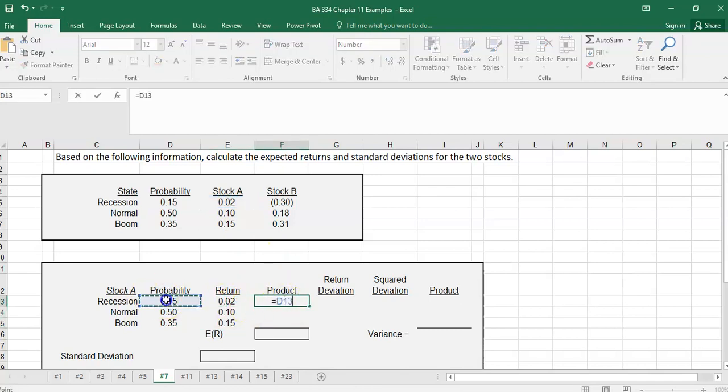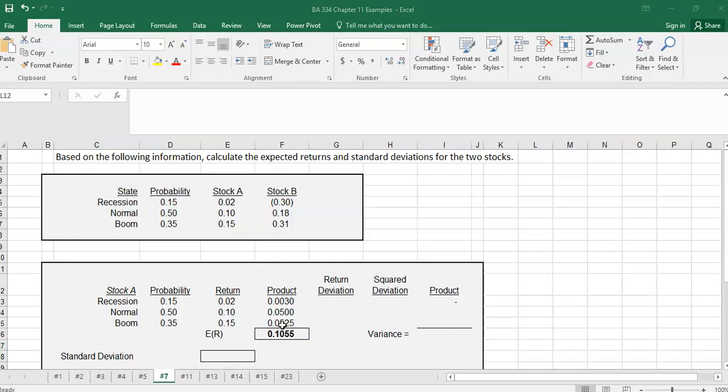So we take the probability times the expected return for that probability, and we add them together, and that is our expected return for any given time for stock A. So given all the probabilities of each event happening, we get a total expected return for stock A of 10.55.